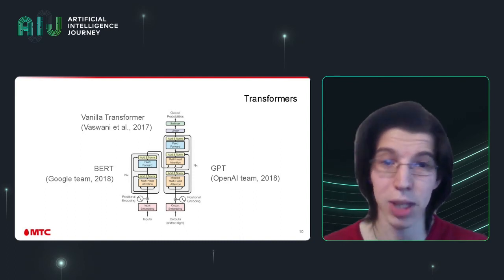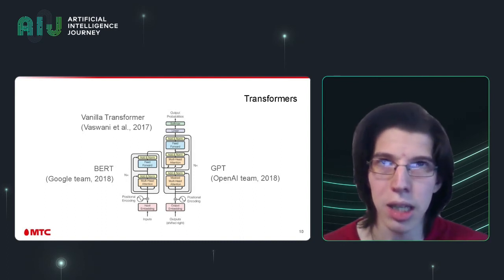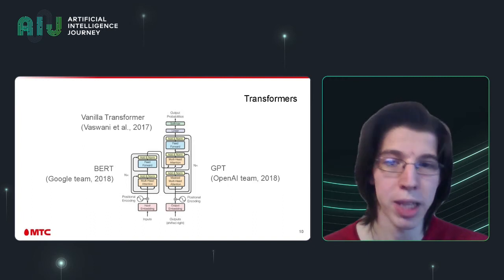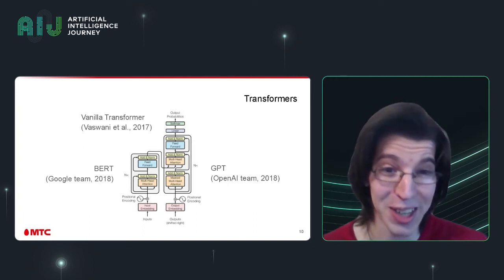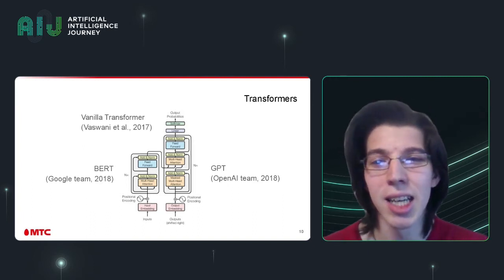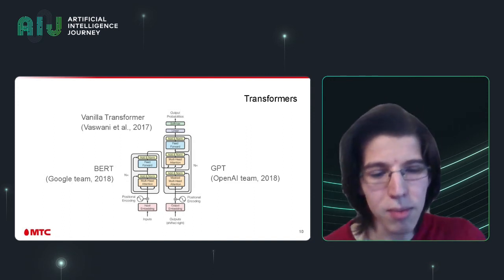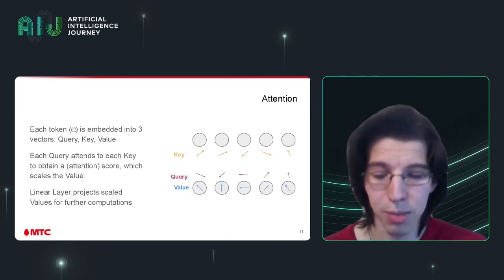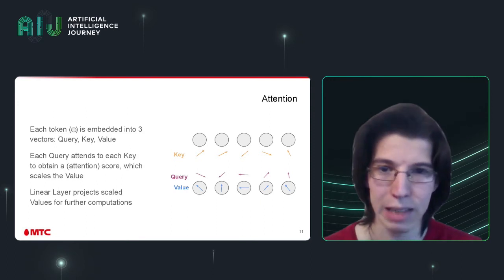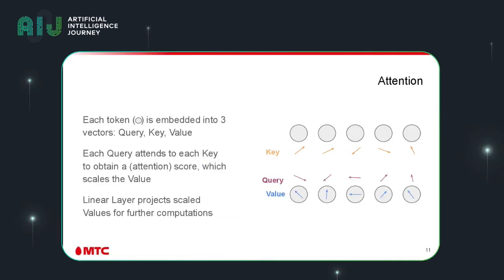Google did it in 2018 and published BERT. The OpenAI team also published in 2018; what they did was the decoder. This is briefly for you to understand how it all operates.